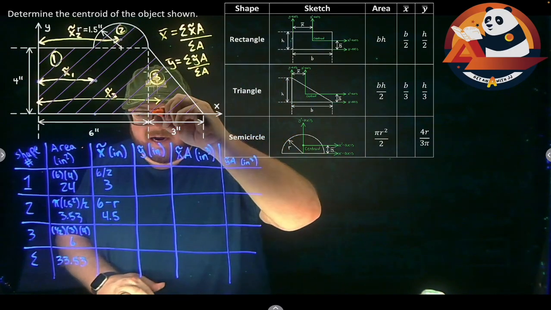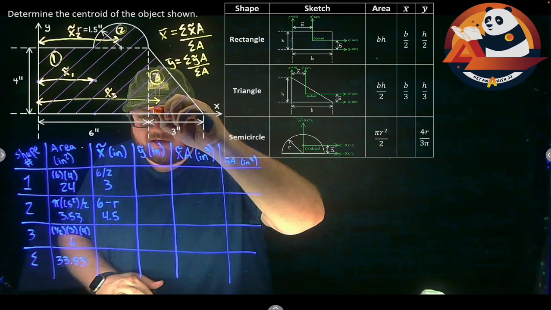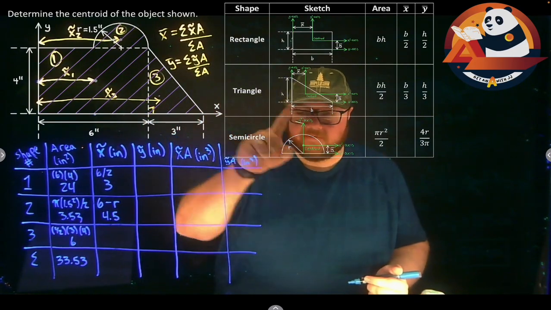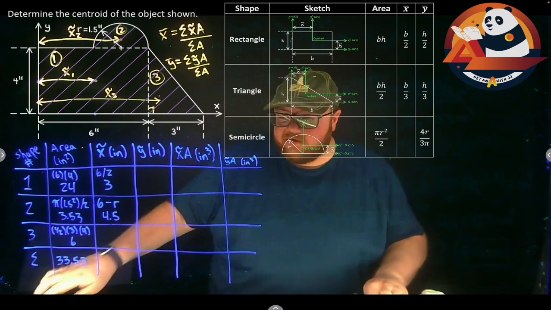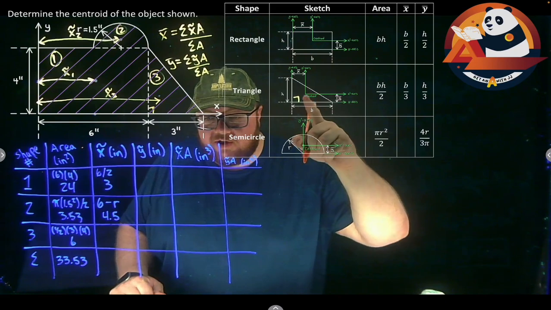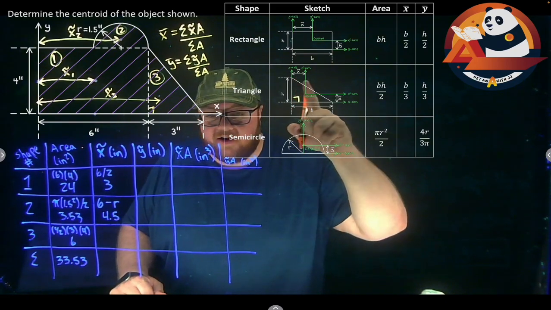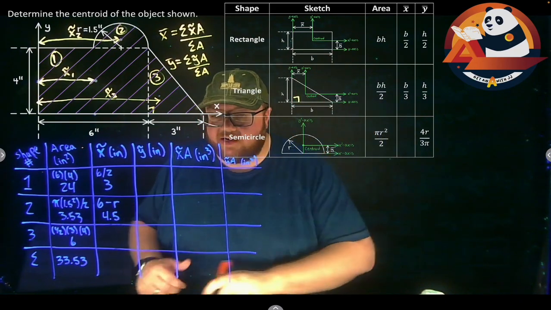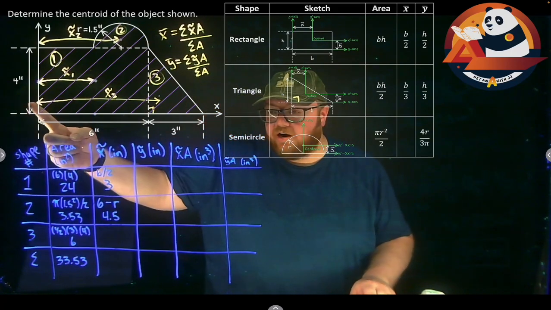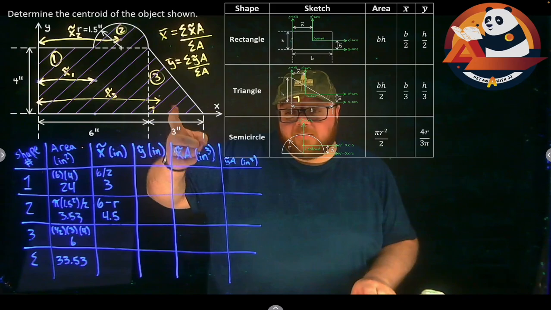And then finally, for the triangle, we know our centroid of a triangle measures from the 90-degree angle 1/3 of the way into it, which is what we're seeing in here. From our 90-degree corner to the centroid is our x bar in the x direction, base over 3. So our x tilde here, in our composite, would be from the y-axis until we get 1/3 of the way into that triangle.